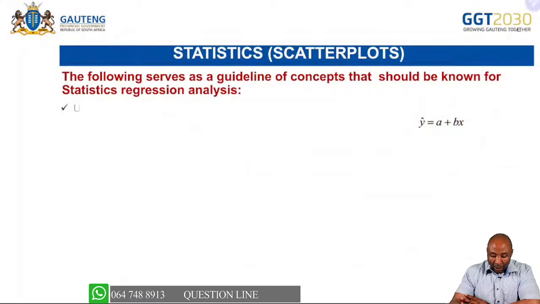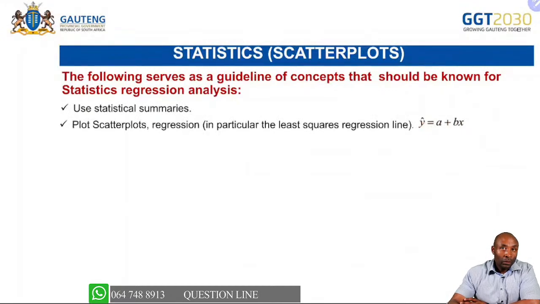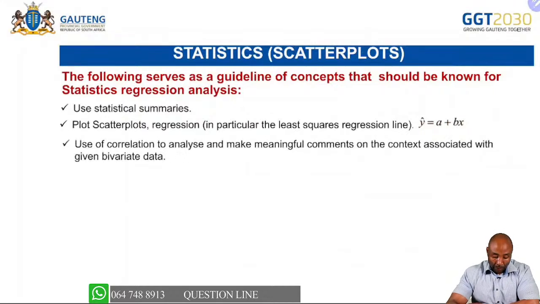Now, for grade 12 statistics, we looked at two variable statistics where we are comparing and wanting to get the association between the two variables that we are working with. We should be able to plot scatter plots.